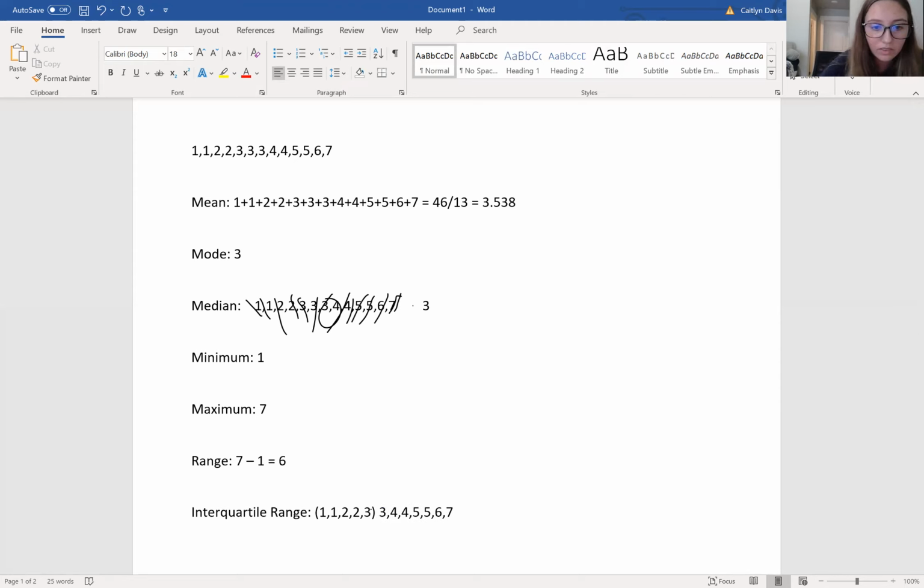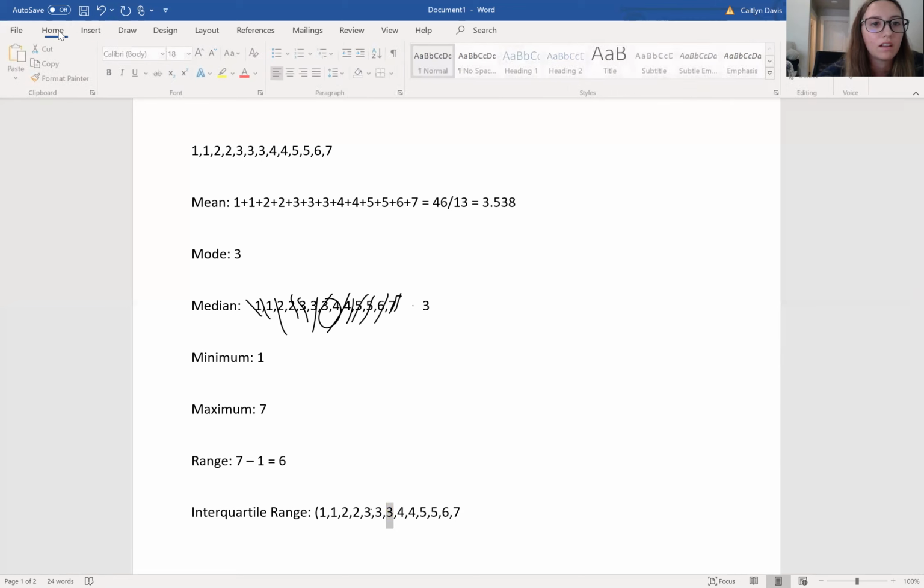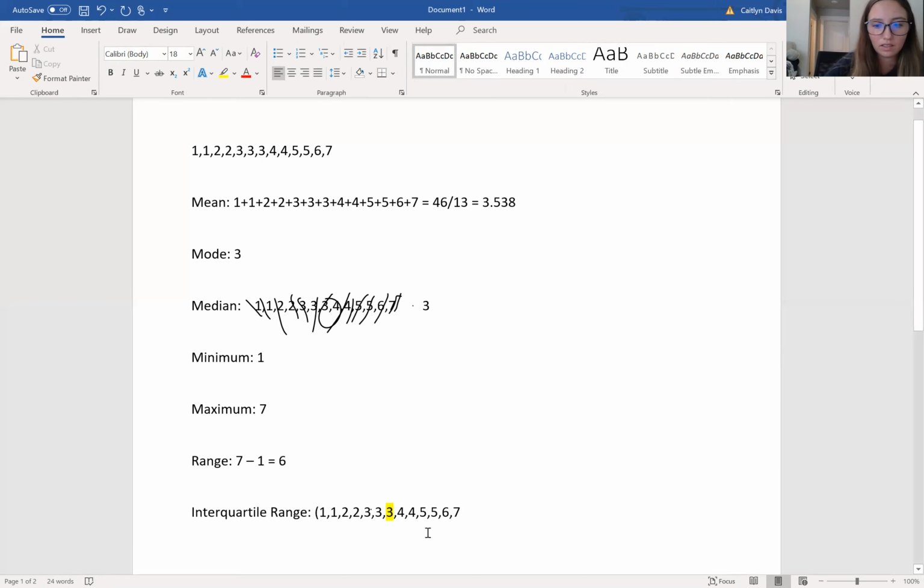Oopsies, wrong 3. The last 3 is our median. So then we take this part as well as this part, and then we'll take the median of these two.